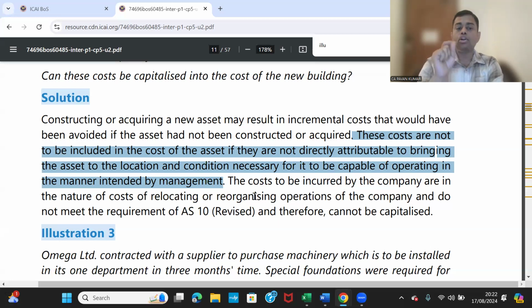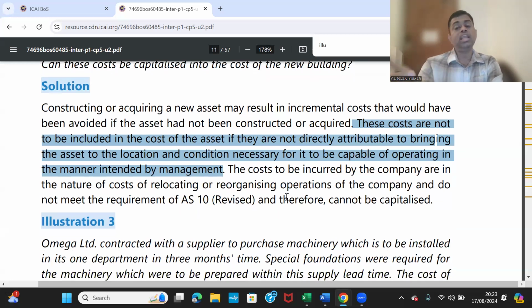These costs are not to be included in the cost of the asset if they are not directly attributable to bringing the asset to the location and condition necessary. You understand? Simple. You cannot include them. So expect these kind of questions in the exam, because see how many students answered it wrong.